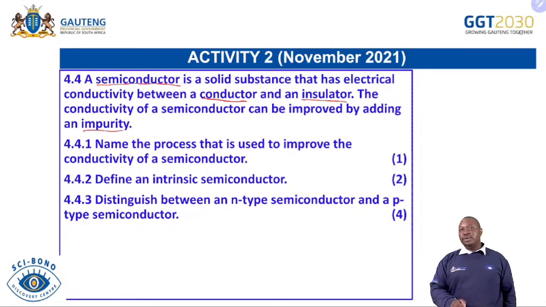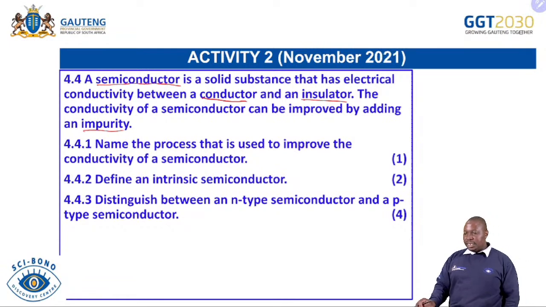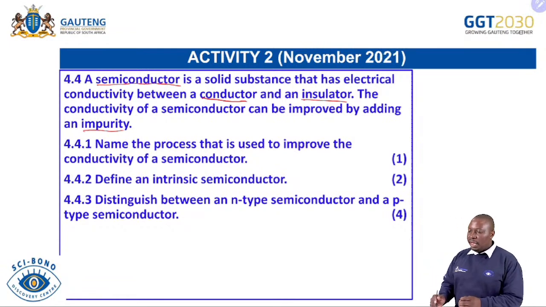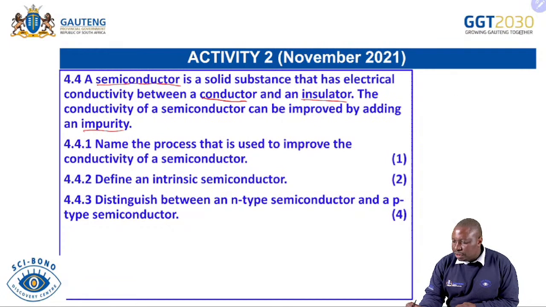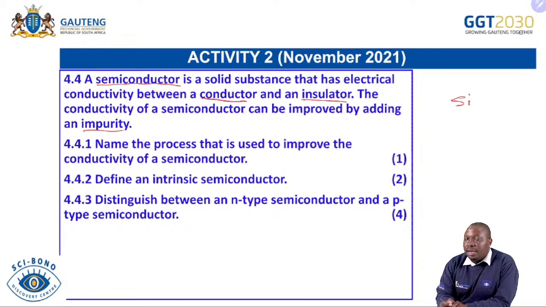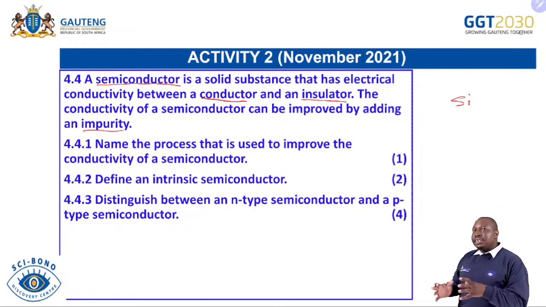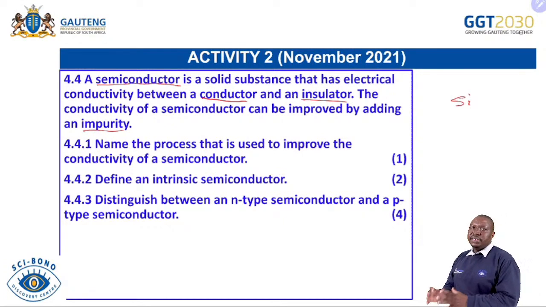You will remember we gave that process a name. If you remember well, we used silicon as our example. As I summarize my lesson, as we're going towards the end of the lesson, we said we have these intrinsic semiconductors, which are pure semiconductors.